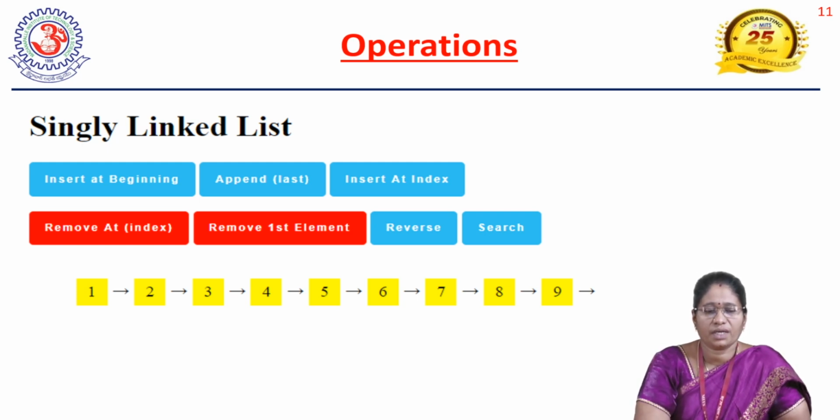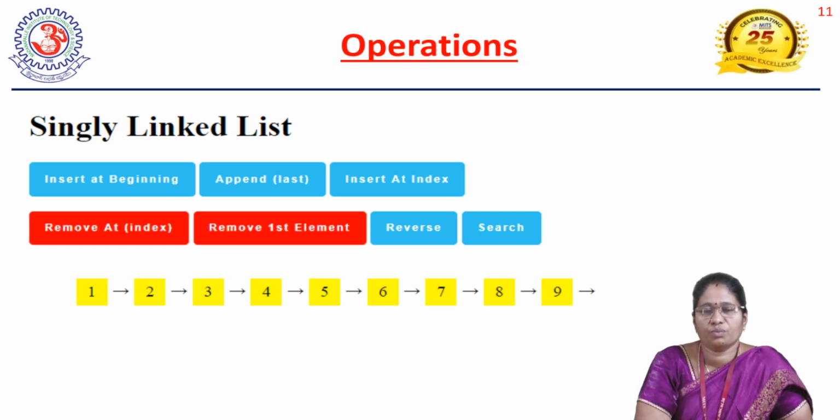If you look at insertion, there are three different places where we can insert. You can insert an element at the beginning of the list, or at the last place, that is, append the element at the end, or insert in the middle at any place based on some index. Likewise, deletion can also be done.